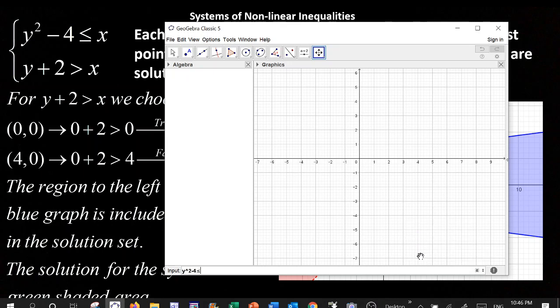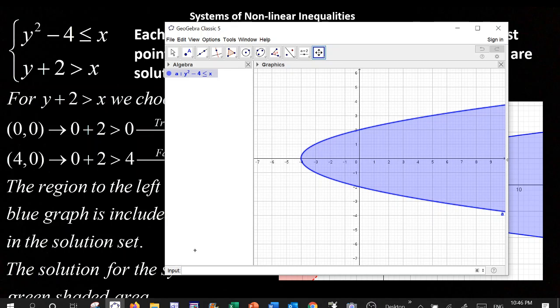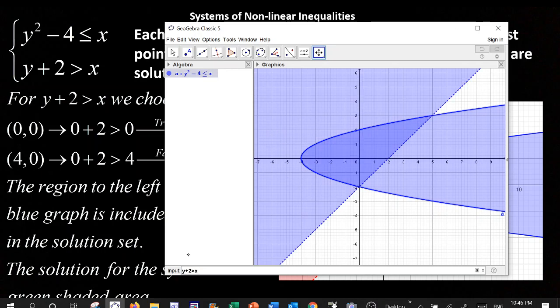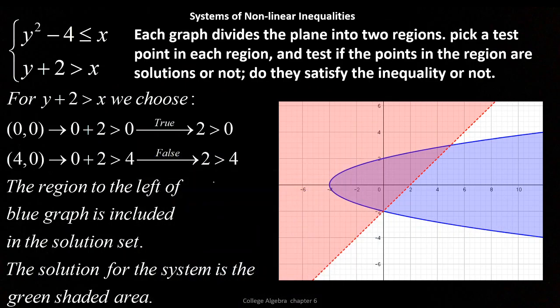So less than or equal to, and then x there. It graphs it and shades it for you. And then y plus 2 greater than is on the keyboard. There. Right? And the overlap right here is the solution. So computers and calculators can easily do this for us.